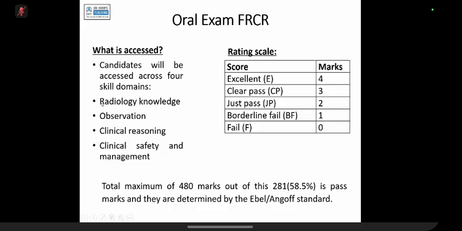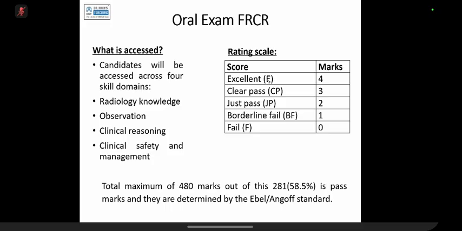If you see here, these are the four domains: radiological knowledge, observation, clinical reasoning, clinical safety and management. The marks they give, they will use this code.